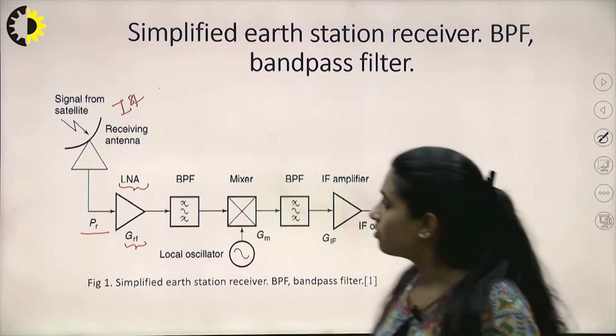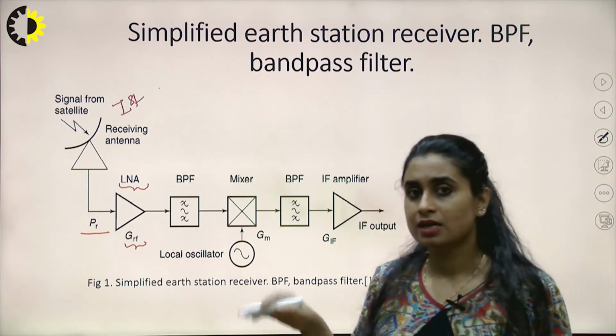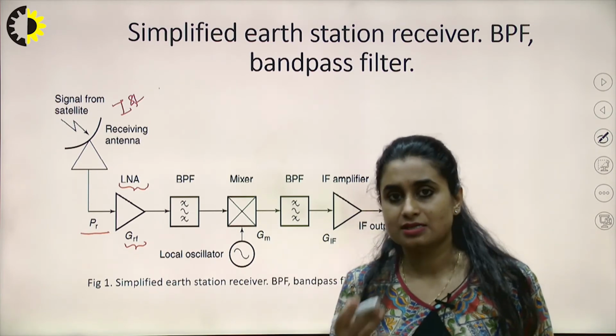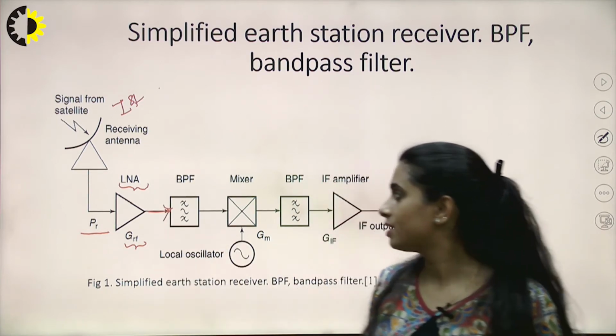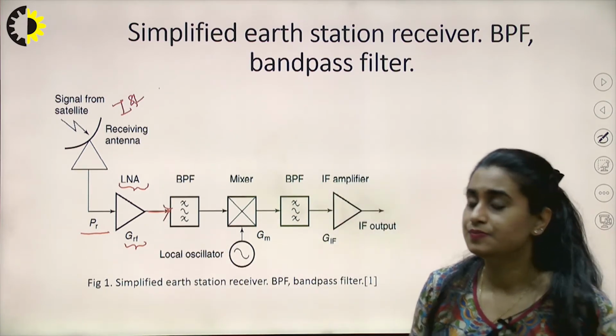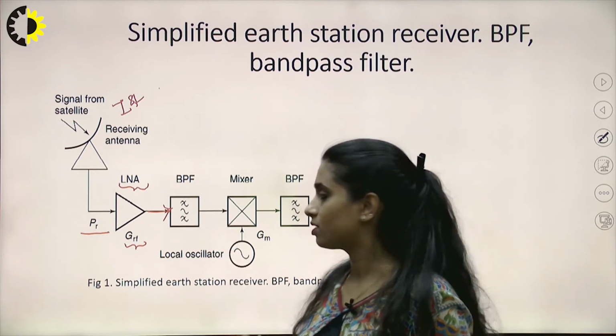Now after filtering out the noise and amplifying the low power signals, the useful signal is passed on to the filter. Here the filter is a band pass filter, right? This is the symbol for a filter.